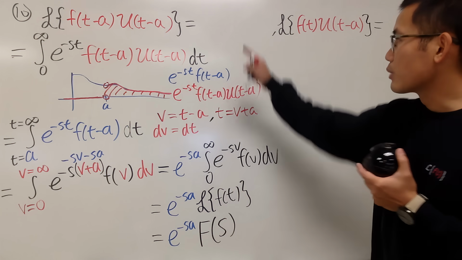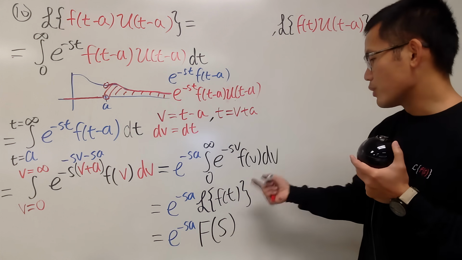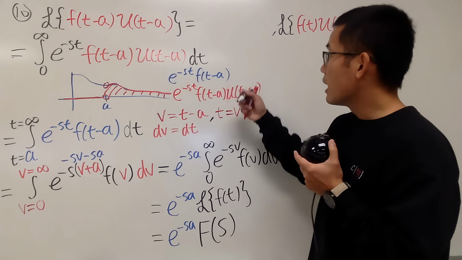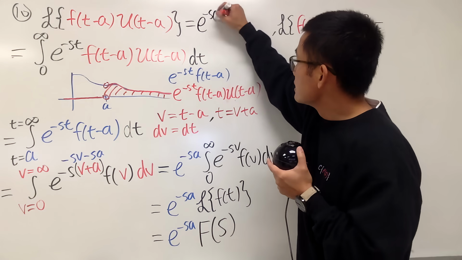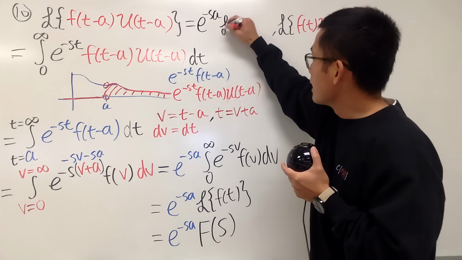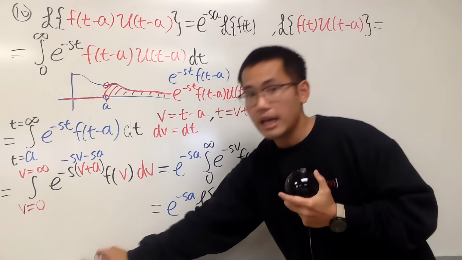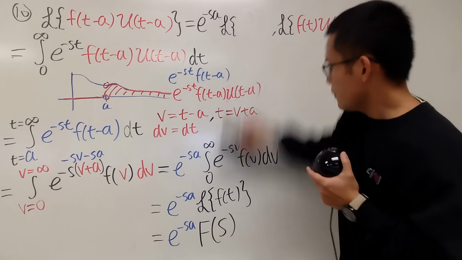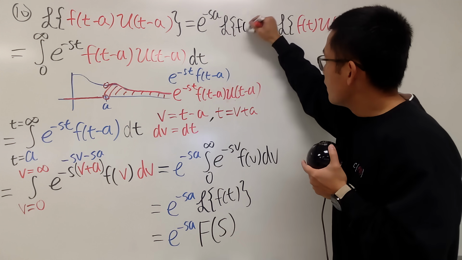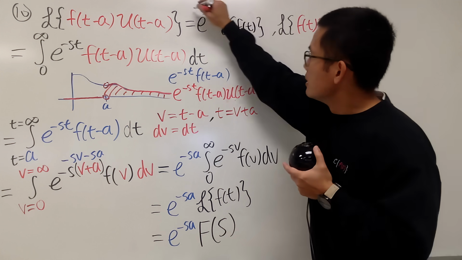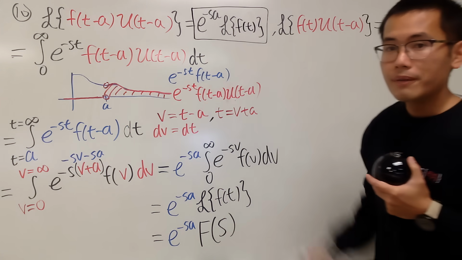I'm going to write this down right here, though, and I hope it's more clear this way. So I will put this down right here, e to the negative sa, and Laplace transform of f of t. All right, so that's the first one.